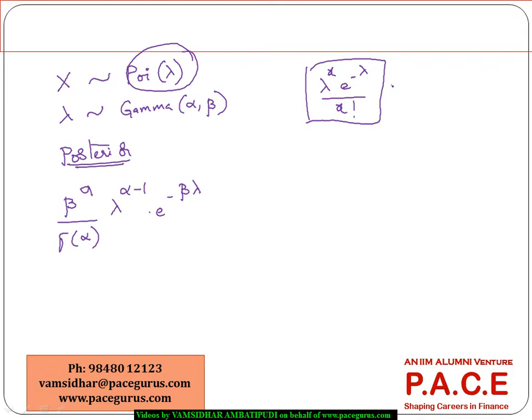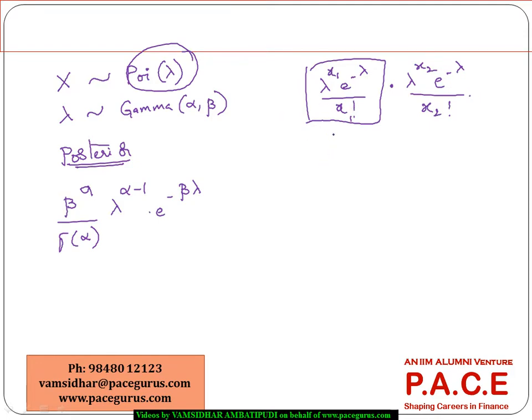Now, if I have to take it for each of the observations, for the first it is this, the probability function for the second is e to the power of minus lambda, lambda to the power of x2 divided by x2 factorial, and so on.